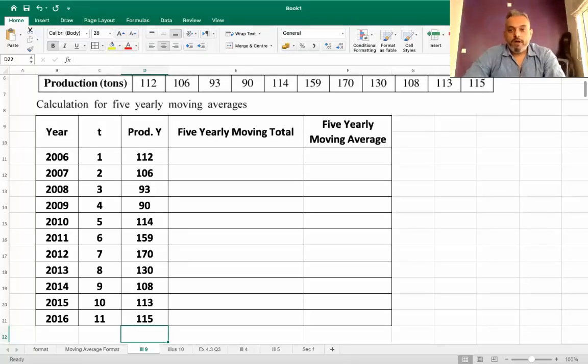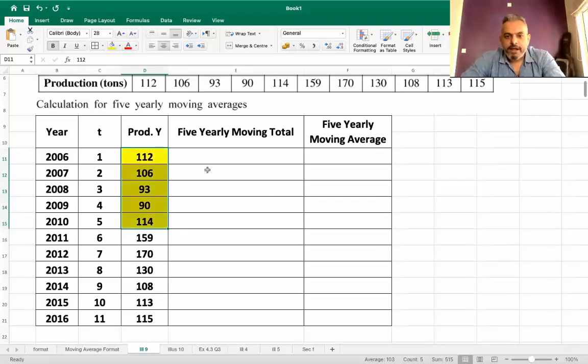Now, over here, 5-year moving total. So what we have to do? We have to take the total of the first 5 years. So 1 plus 2 plus 3 plus 4 plus 5. So we will first take this 5-year total.